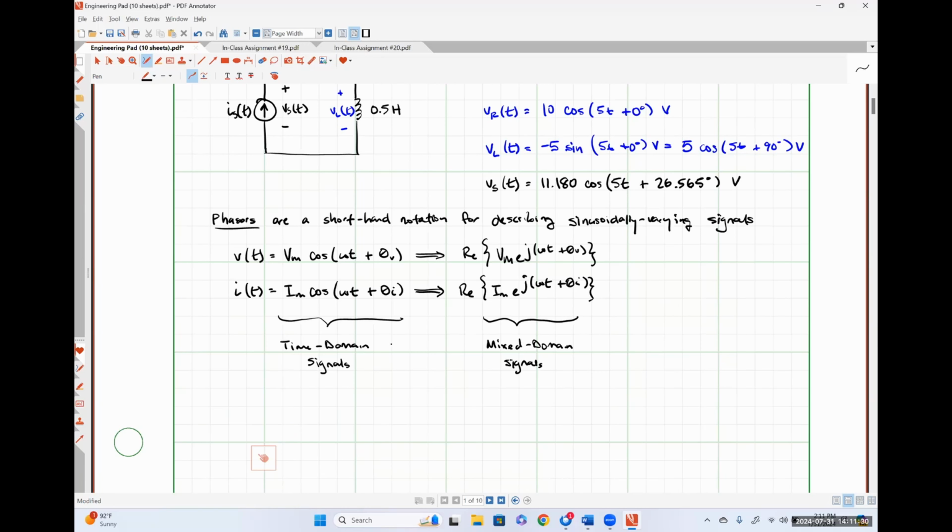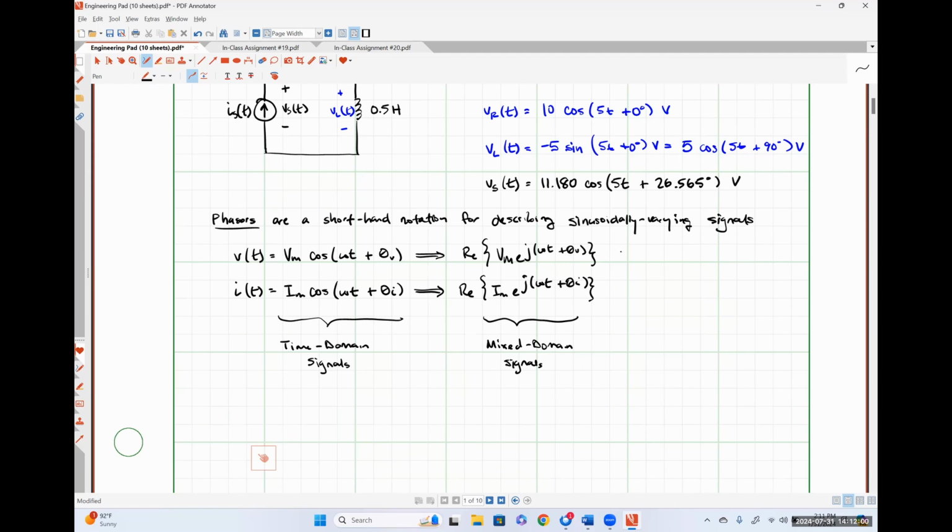So we can go from the time domain into the mixed domain simply by writing that exact same signal as a complex number in exponential form that has the same magnitude, the same angular frequency, and the same phase angle.